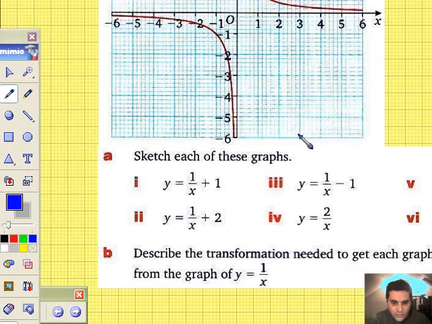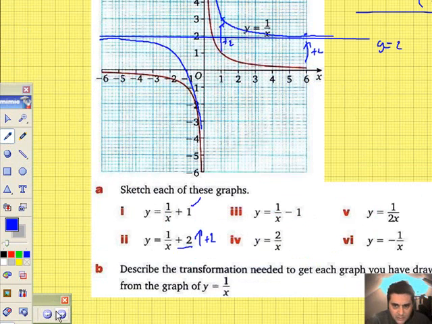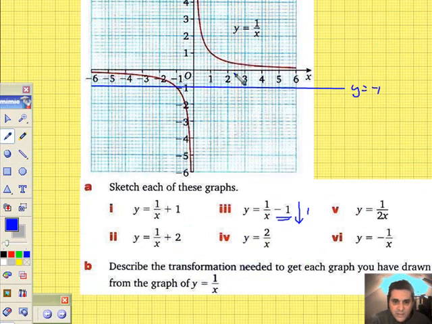Next one, straightforward. y equals 1 over x minus 1, so that's my original f(x) minus 1. Essentially drop the graph 1 unit down. Alright, so we're looking at skimming towards the line y equals minus 1. Did I label the other one? I did. So there's y equals minus 1.